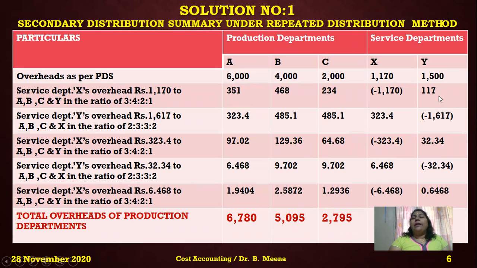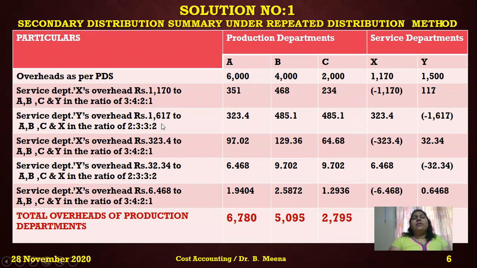What is available under the Y column, the service department Y column? Totally 1,617. How did I get it? 1,500 plus 117. So service department Y's overhead, rupees 1,617, goes to A, B, C and X in the ratio of 2 is to 3 is to 3 is to 2, because it's Y's overhead.